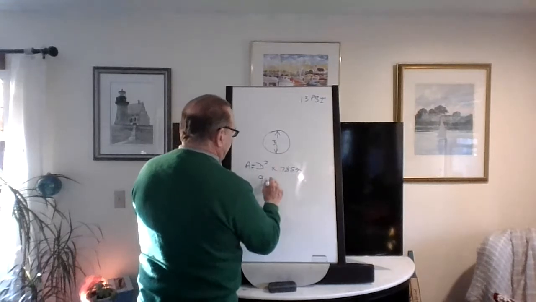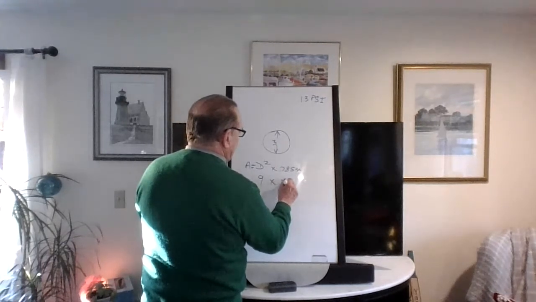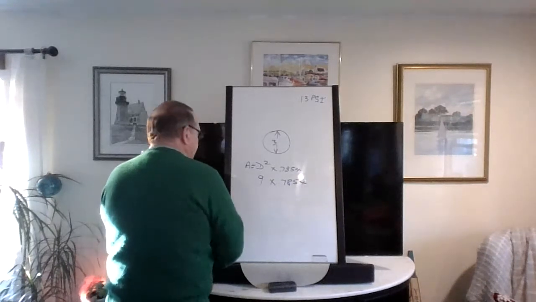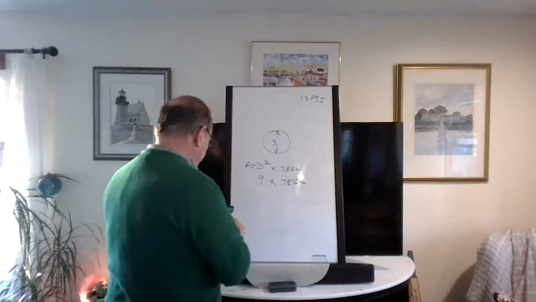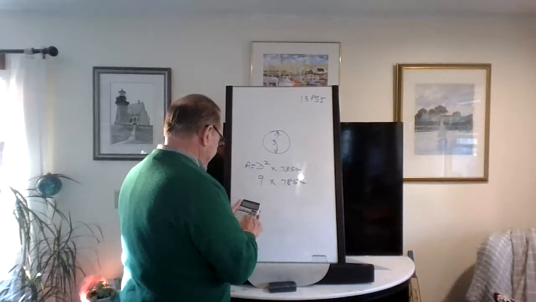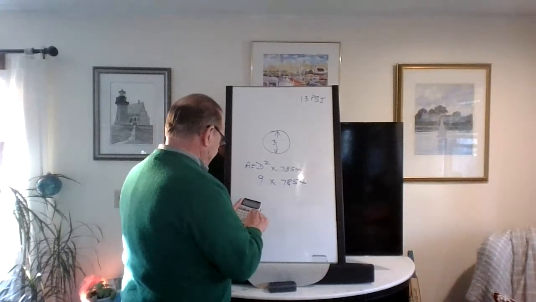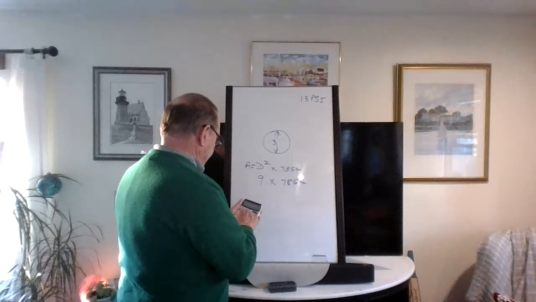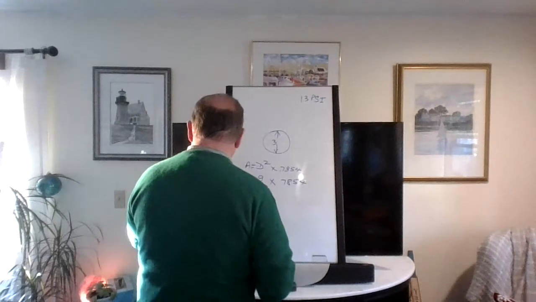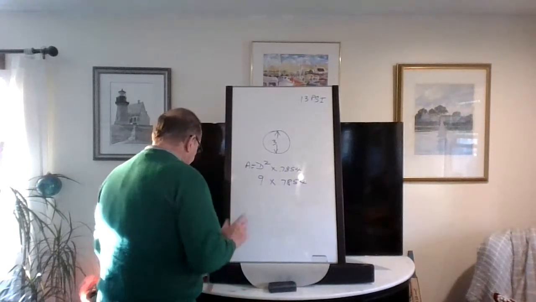Diameter squared times 0.7854. So what's that going to look like? Well, let's check it out. We're going to have 9 times 0.7854 equals 7. Yeah, I did remember it. 7.06. 7's fine.